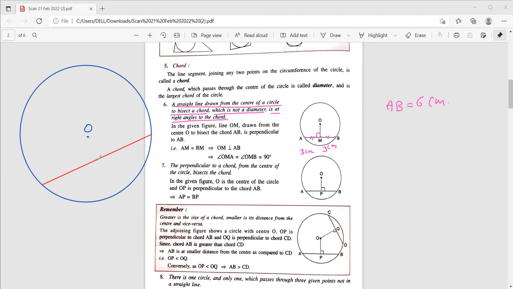So this is the midpoint, M. Now you join O with M. When you are joining O with M, you are bisecting this chord, which is chord AB. Remember, this angle will be 90 degrees.